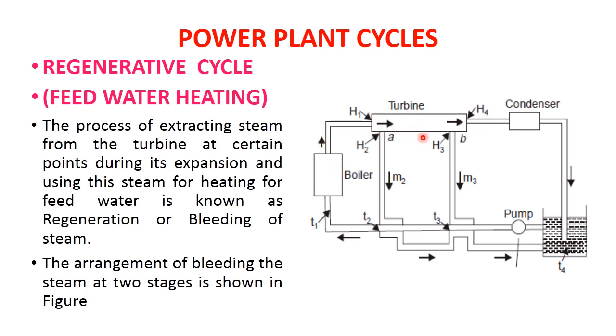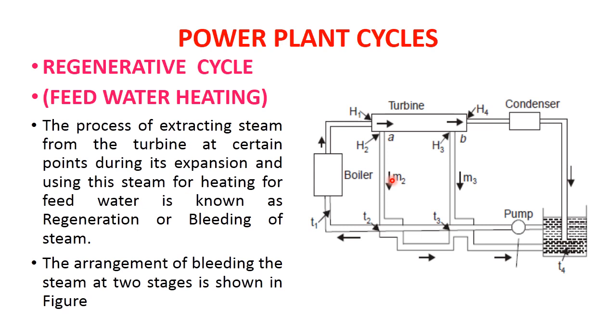But now what will happen is, when the boiler is supplying steam to the turbine, the steam will sometimes be taken away from the turbine, instead of going to the condenser. During that working of the turbine, the steam will be taken to the feed water for heating.